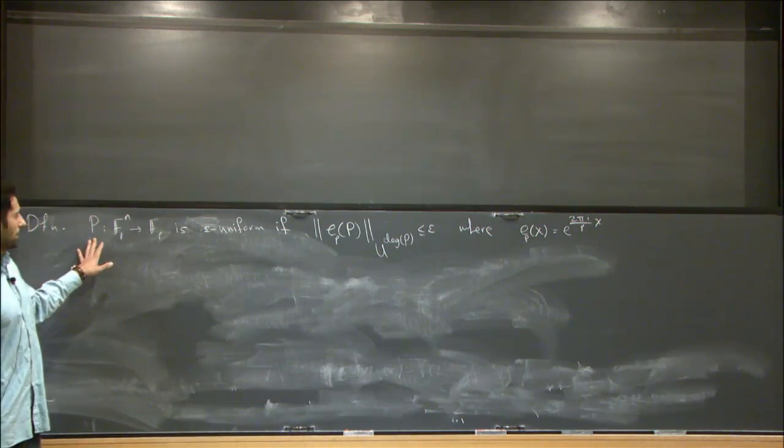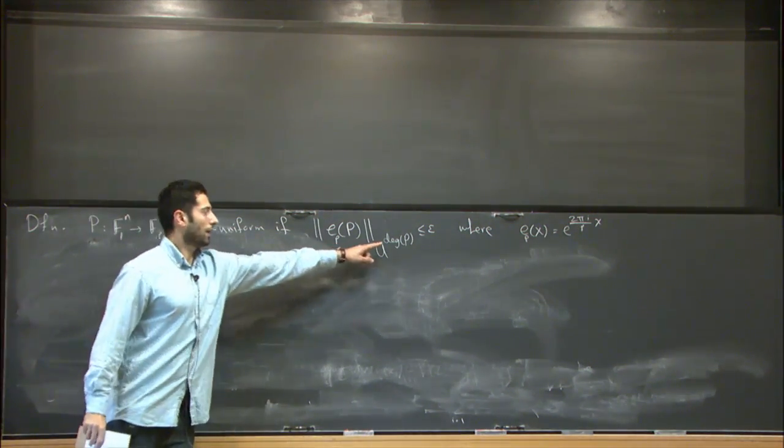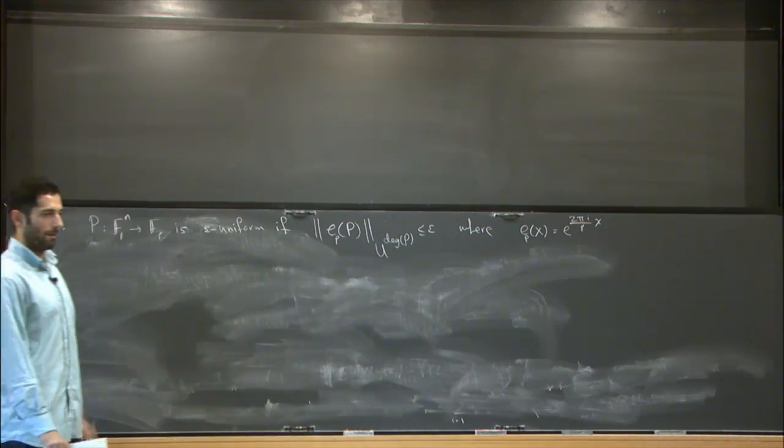We call a polynomial uniform if its Gowers norm in the right order is small.